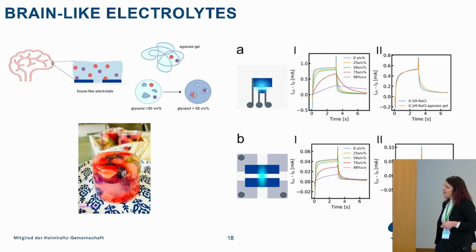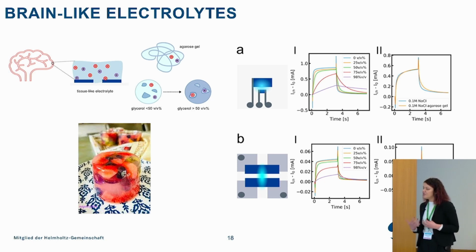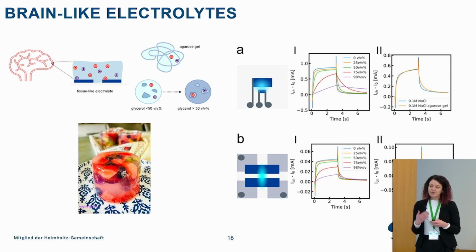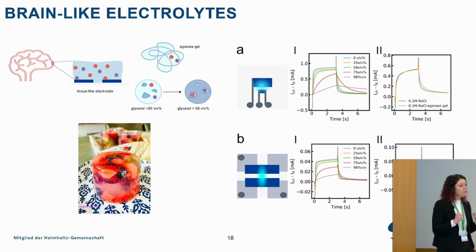And so from our findings, glycerol was actually a no-go, because the more we increased the concentration of glycerol in our electrolyte, the more barrier and absolutely no diffusion process we could monitor, while in the case of agarose, which really resembles the brain structure and composition, we had a very similar behavior when we compared it to the liquid electrolyte, meaning that we can really have a sort of liquid interface within these gel electrolytes, which is enough to ensure the response and the modulation of the transistor.